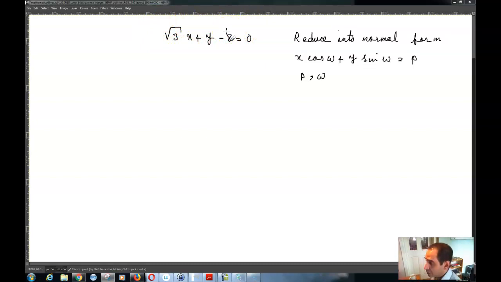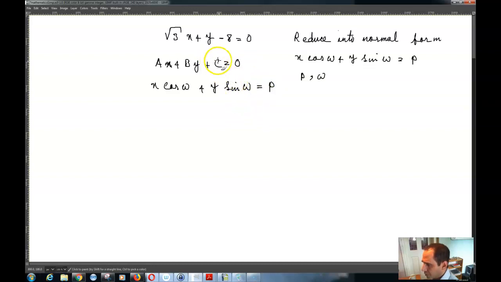If you imagine that your equation is in the form ax plus by plus c is equal to 0, and you want to write it as x times cos omega plus y times sine omega is equal to p, then of course you might write this equation in the form a times x plus b times y is equal to negative c.